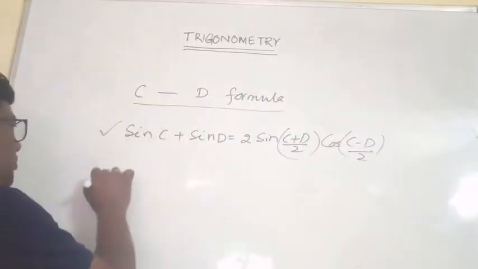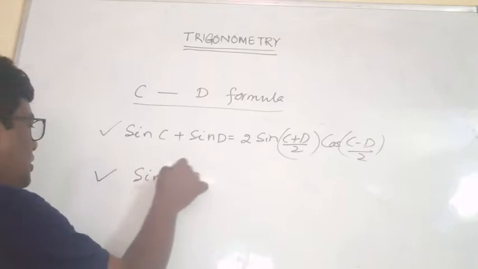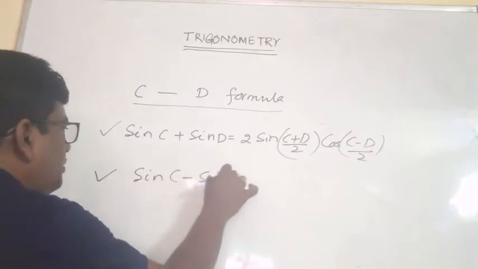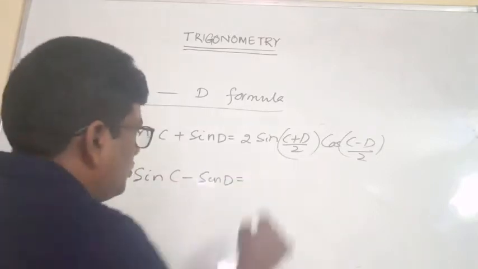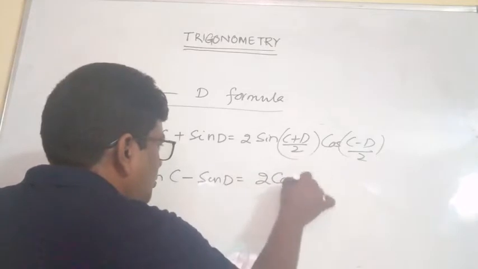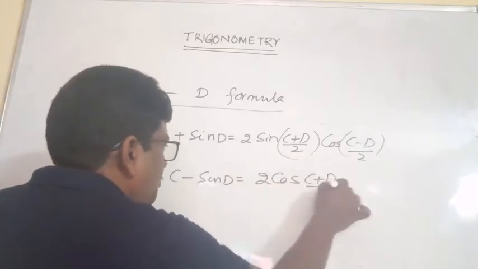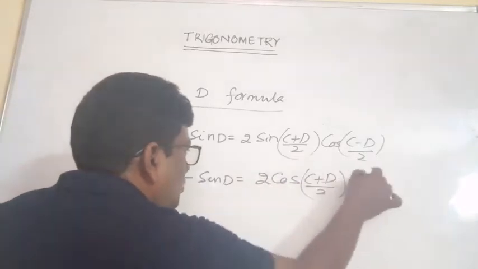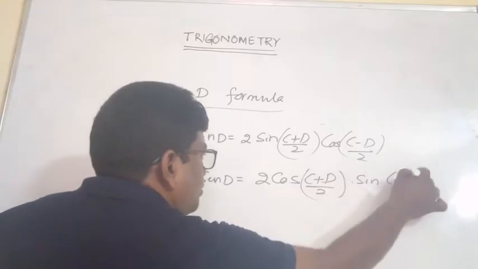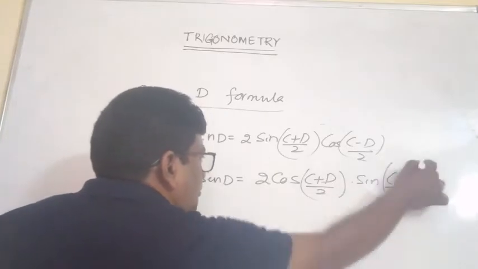Number 2: sin C minus sin D is equal to 2 cos (C plus D)/2 into sin (C minus D)/2.